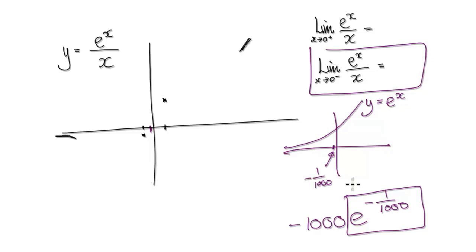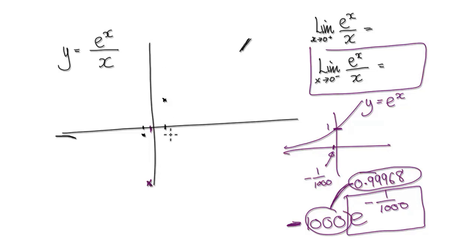This block here is slightly smaller than 1, so imagine this to be 0.99968, I don't care. It's just going to be just below 1. Just below 1 times 1000 is going to be very, very big, and it's negative big. So you know it's going to jump somewhere down here.